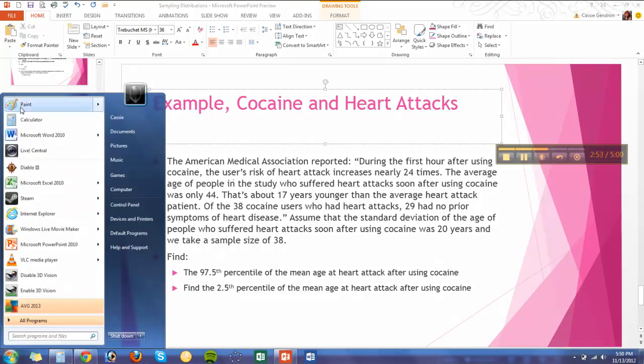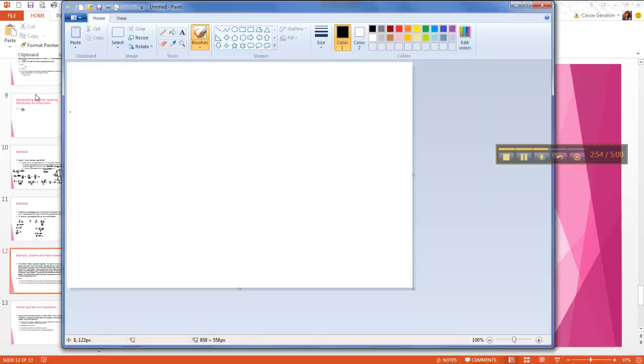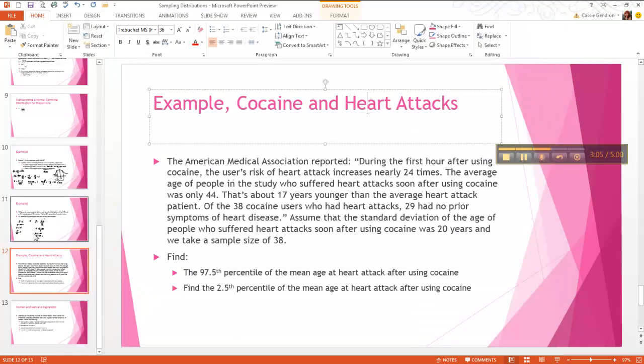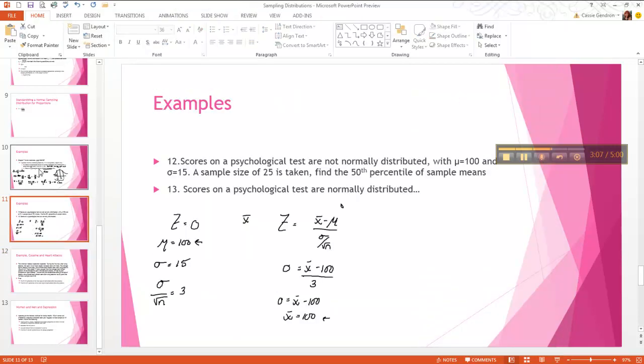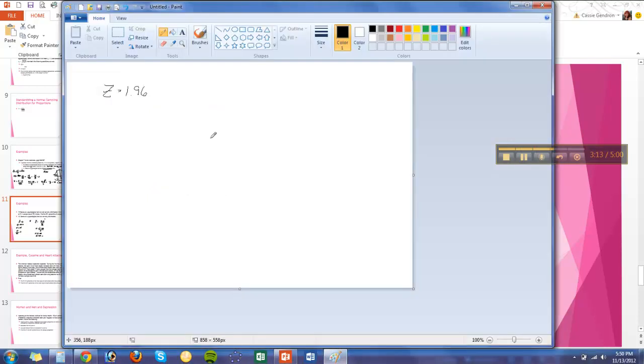So I'm just going to use the formulas that I'd given to you previously to find my x bar again.